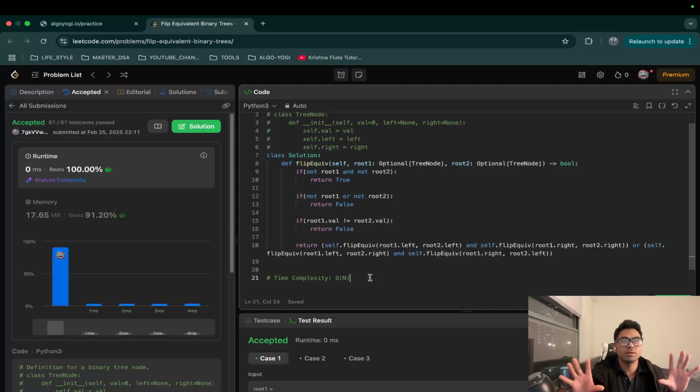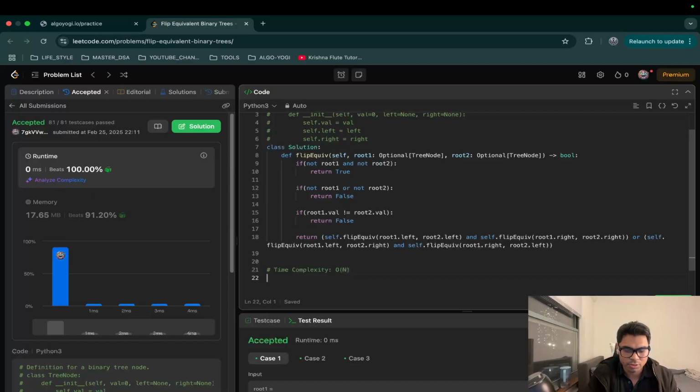Don't think it's not big O of n because there are two trees. We are traversing both of them together, visiting left of each node together, or left and right nodes together. We are pairing them up, but if there are n nodes in one of the trees, then we're visiting n nodes together, right?